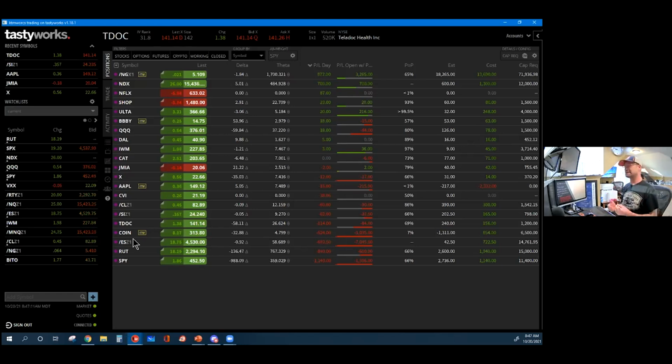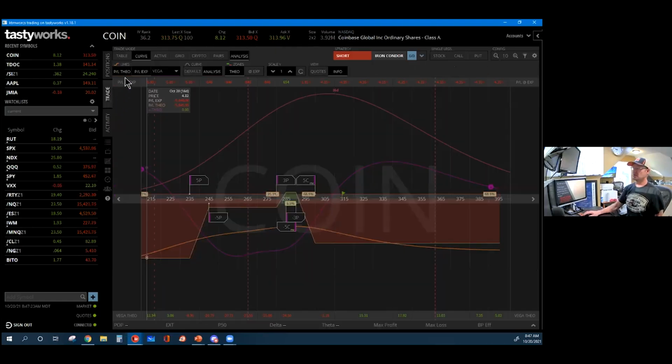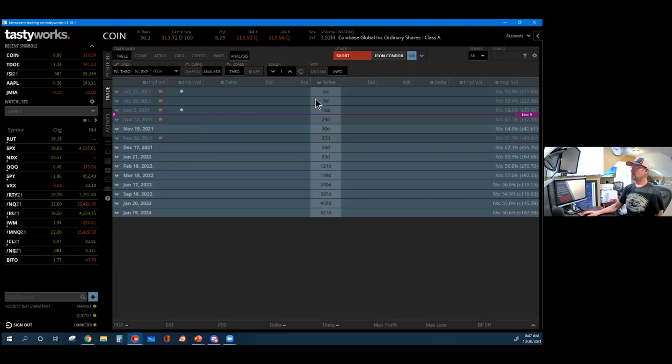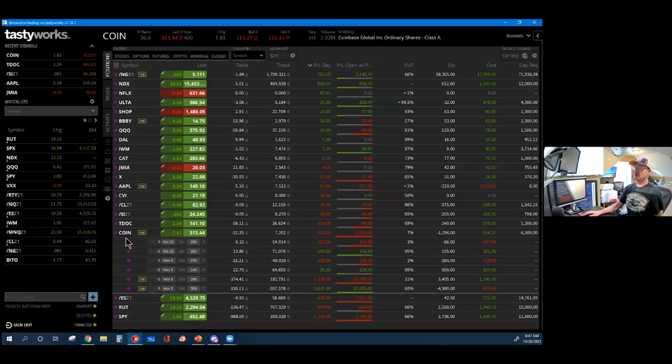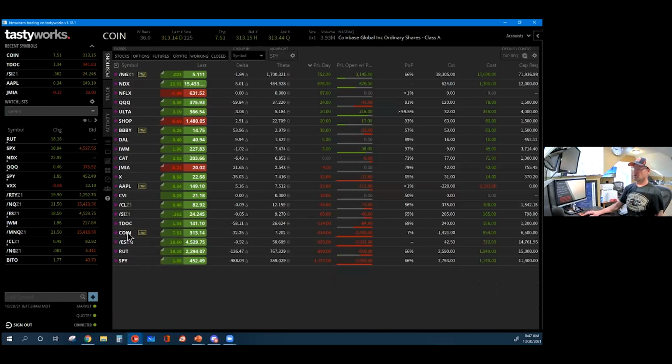And of course, that is all creating some hype around Bitcoin as well, and that's all being reflected in coin. Coin, as you know, is volatile. It's one of the things that we like about it. Let's just look at the 16 days, because it's got nice IV, right? So this is a trade that's pretty easy to continue to roll and pretty easy to adjust, but we need to look at it here today and see where we're at in it in an overall situation.